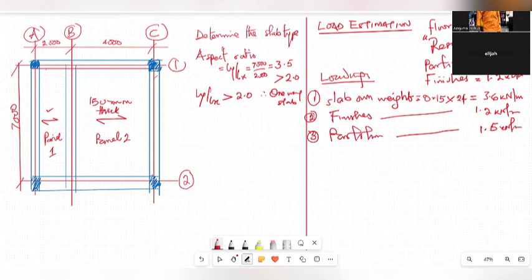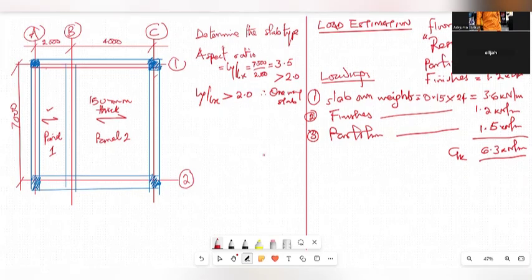So the total, this constitutes the dead load, which gives 6.3 kilonewton per meter. Did you get that right? Yes, sir. Are we good? Yes, I can see it.